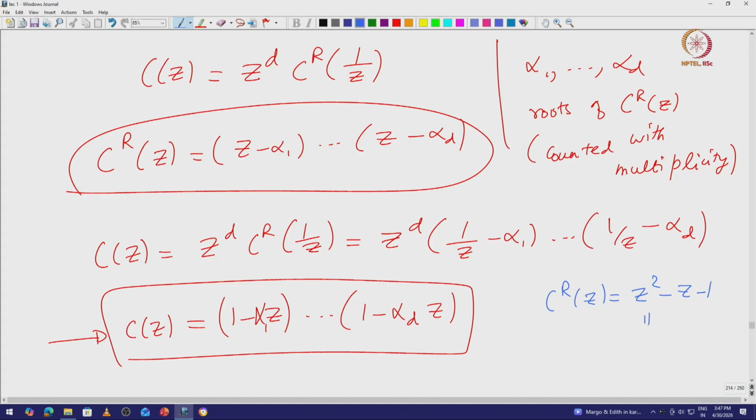By writing down the roots explicitly, we can see that this is exactly z minus (1 plus root 5)/2 times z minus (1 minus root 5)/2. So, it is the golden ratio that appears in the roots.